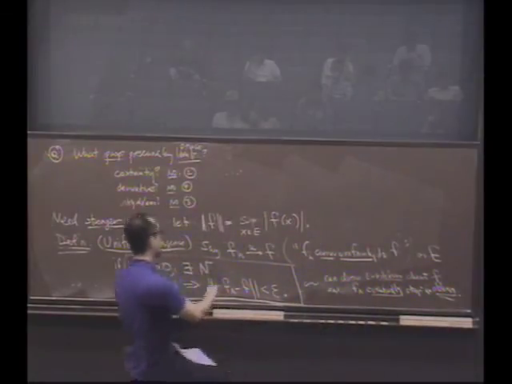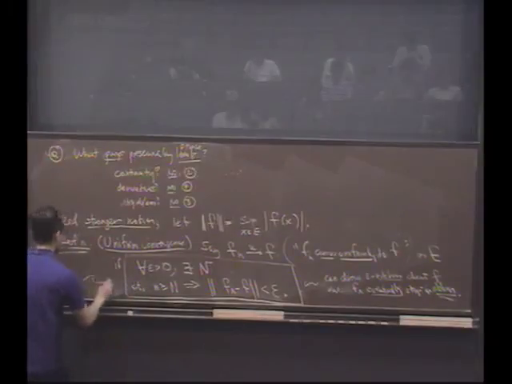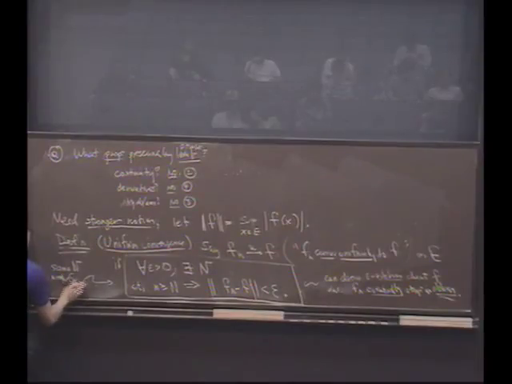What's uniform is that the same N works for every x. The same N works for all x in E.